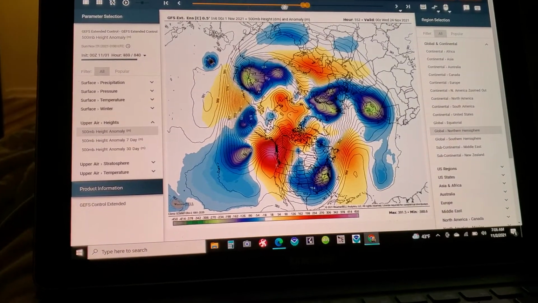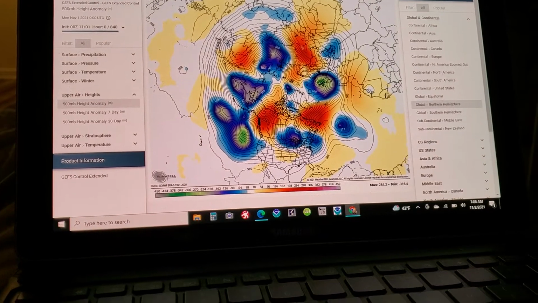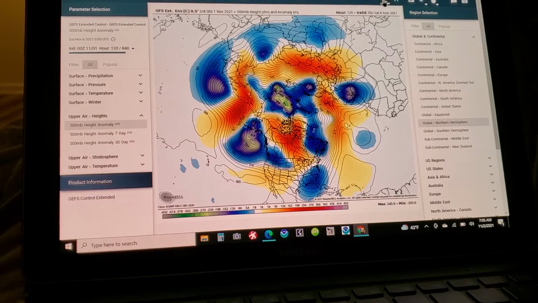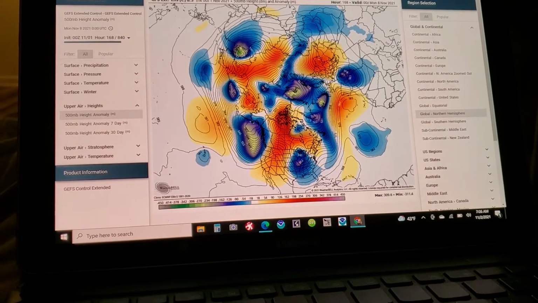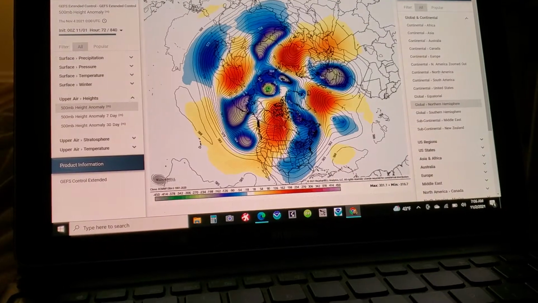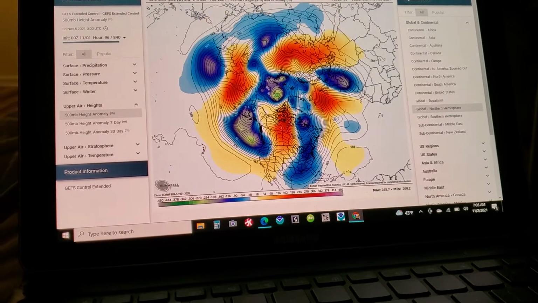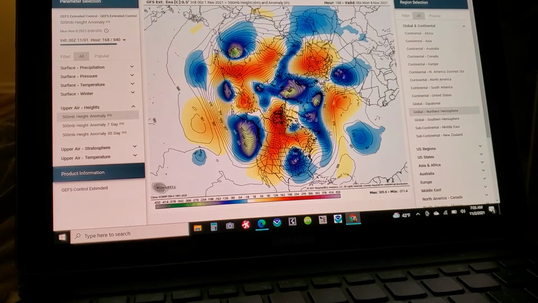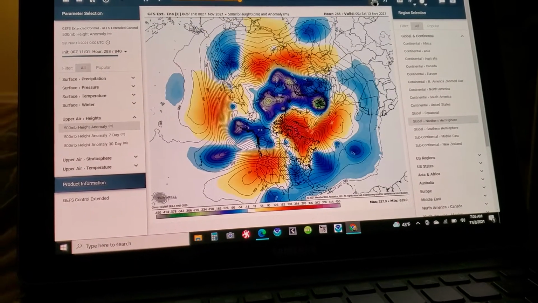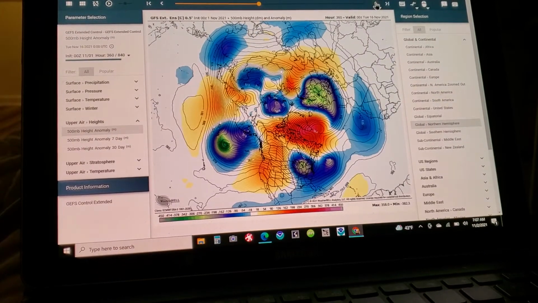Here's just run through the GFS extended here. This is the 8th. Here's that third system, 8th. I know we had a couple signals bunched up here. Here's the 9th. Boom. Boom.